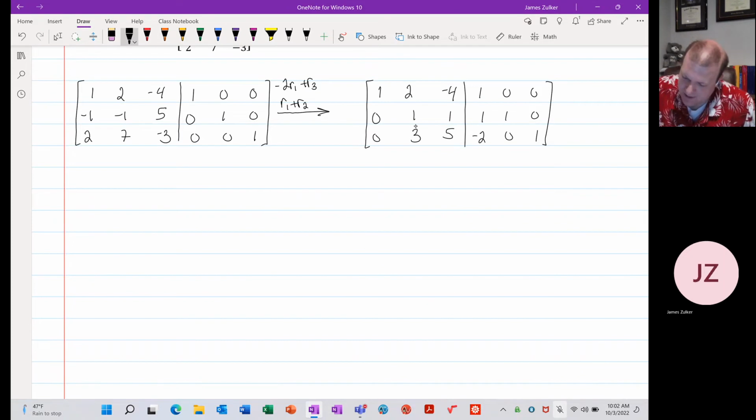Now our pivot is this 2, 2 entry, so we want to zero out the 3 below it. The 3, 2, well, that's simple. Negative 3R2 plus R3. And that will leave us with this.